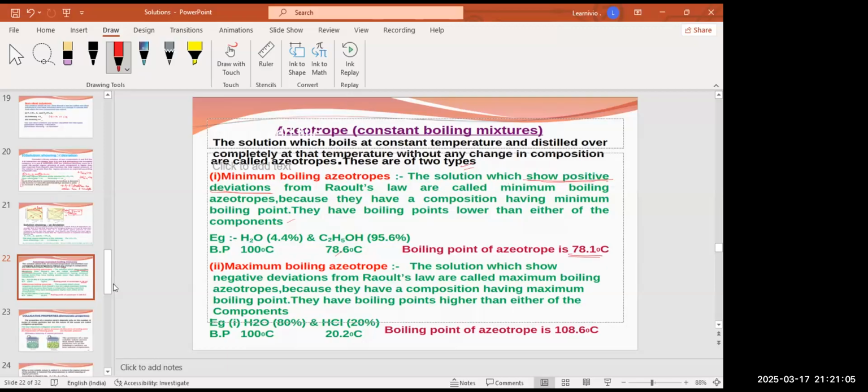Ethanol's boiling point is 78.6 and that of water is 100 degrees Celsius. But when the azeotrope is formed from these two, you get the boiling point to be 78.1, which is lower than either of these components. Got my point?